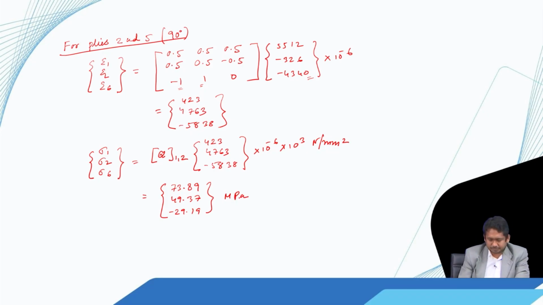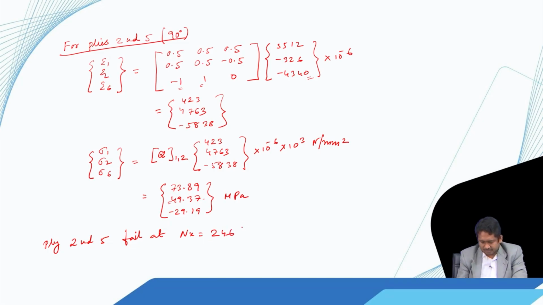So, now, we can see that this value is very close to failure, because the transverse tensile strength is 50 and this is 49.37. So, needless to say, this laminate is going to fail in this mode at ply 2 and 5, and the corresponding failure load is, so ply 2 and 5 fail at Nx equal to 246 Newton per millimeter.